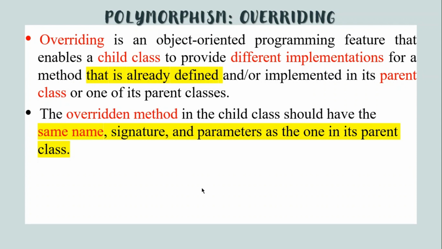Remember, overloading means many methods in the same class with a different number of parameters, maybe different data types of parameters. But in overriding, we have the method implemented in the subclass, and it needs the same name, the same signature, and the same number and data types of parameters as the one in the superclass.